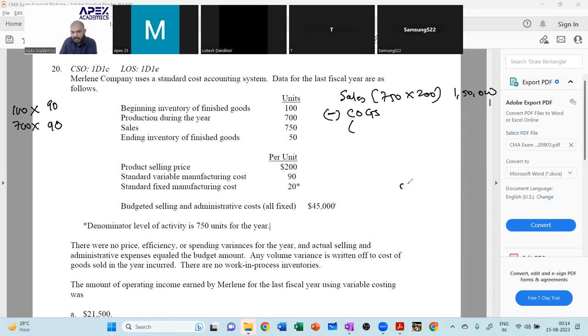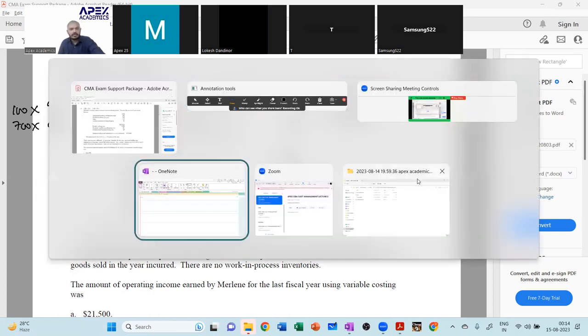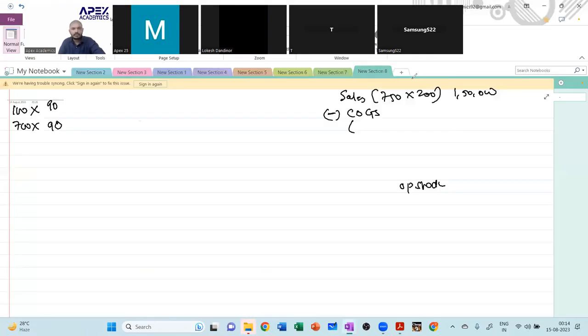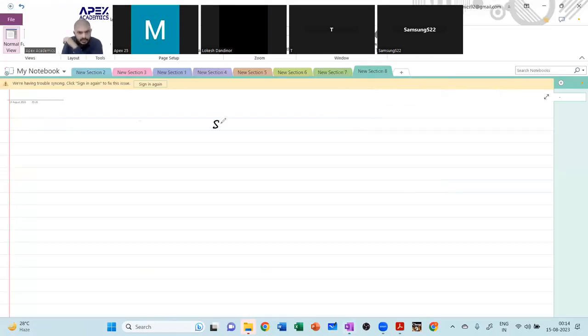So what I'm actually writing down is opening stock. See here. Sales are how many units? 750 units, at the rate of 200. 1,50,000.